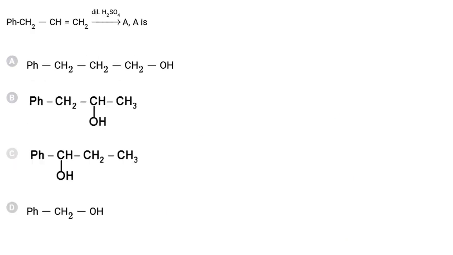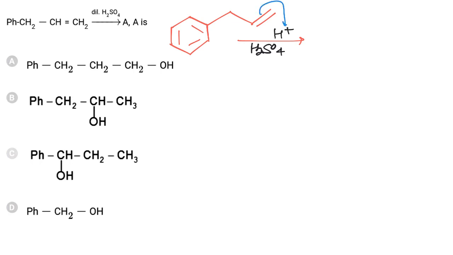In this question we have to find the final product of the reaction. Now this molecule has a multiple bond, a double bond. On reacting with dilute H2SO4, dilute H2SO4 gives H positive ion. This H positive ion will act as electrophile, and this alkene acts as nucleophile, donating a pair of electrons. So a carbocation is formed, a 2-degree carbocation.